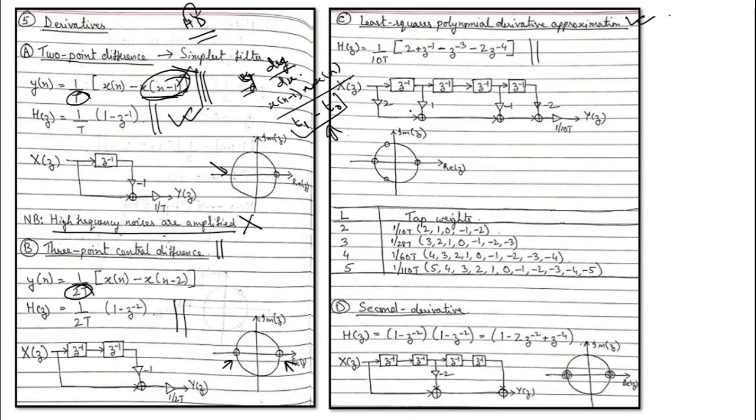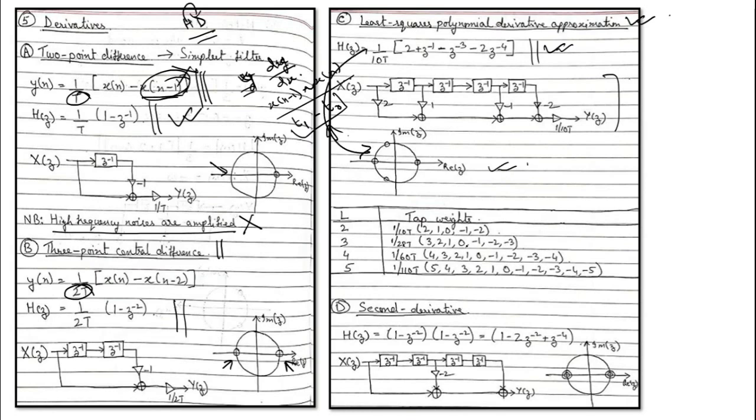So least square polynomial derivative approximation. So here we already have this equation, and then this is the implementation part, and this is the pole zero plot for this equation.